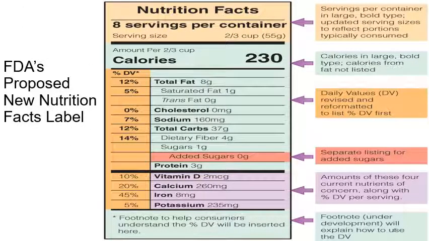So the FDA proposed a new nutrition facts label until they change it again. And when you look at it, you want to look at the serving size. So like if it's 1 serving or 2 servings, that's there.